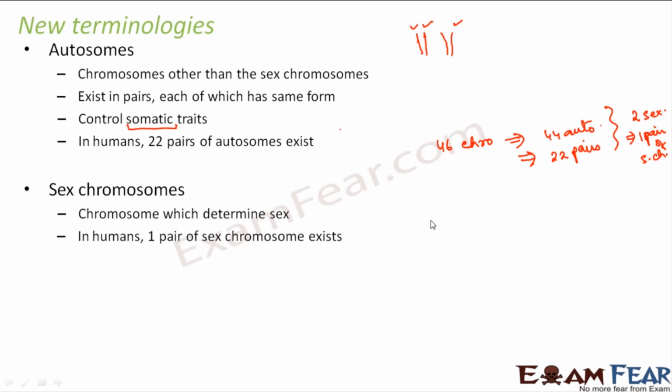As I said, during reproduction, the father as well as the mother both will contribute equally. So what does the father contribute? The father contributes 22 autosomes and one sex chromosome. Similarly, the mother contributes 22 autosomes and one sex chromosome. So these two sex chromosomes, contributed by the father and the mother, together decide whether the child will be a male or a female.